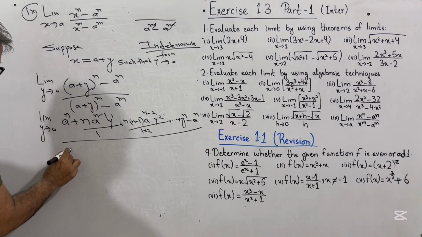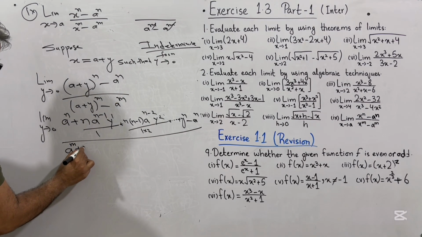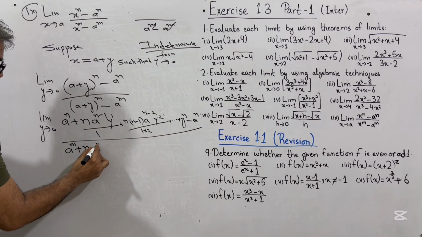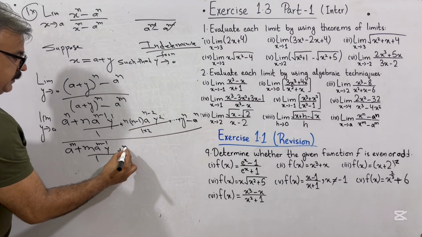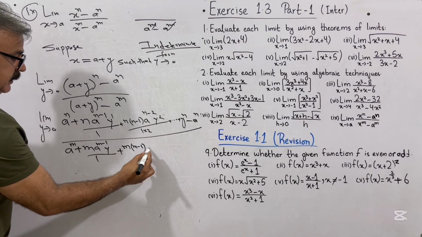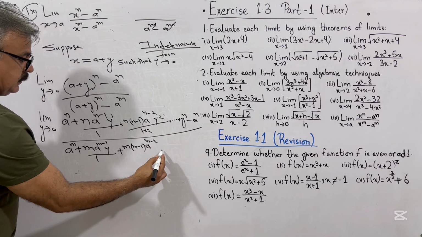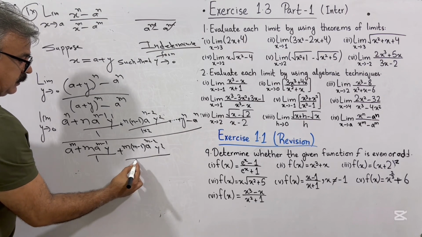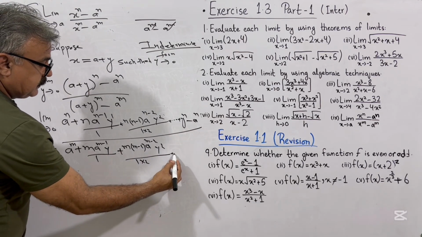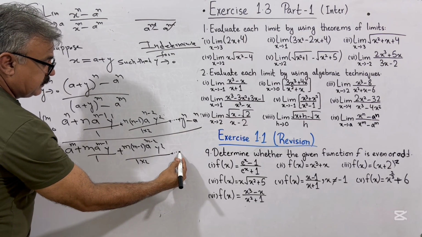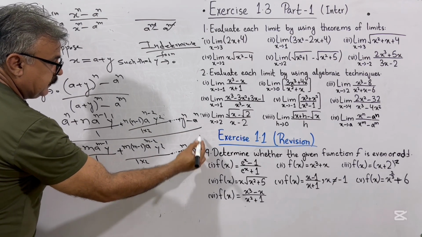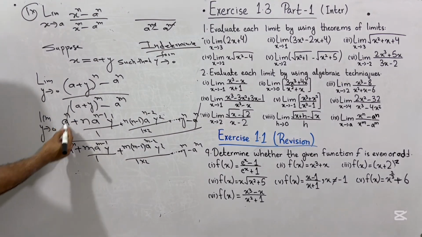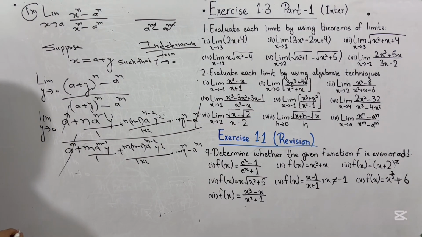It will become a raised m plus m times a raised m minus 1 times y, plus m times m minus 1 a raised m minus 2 y squared overall 1 into 2, plus dots to show continuity, up to y raised m, minus a raised m. Negative a raised n and positive a raised n cancel, positive a raised m and negative a raised m cancel.